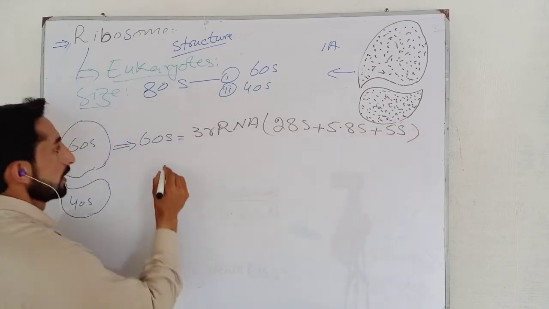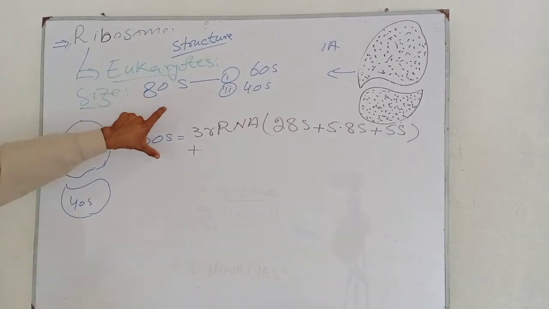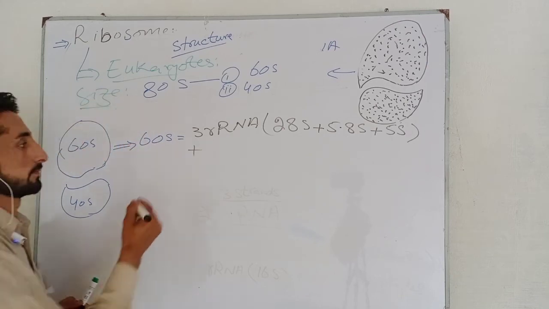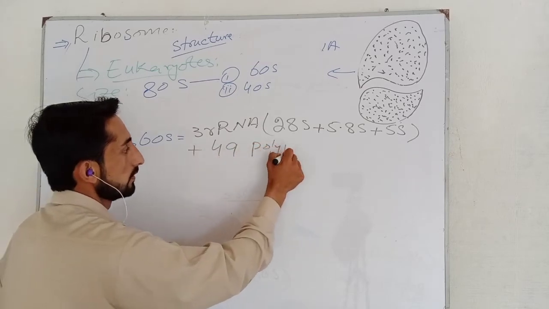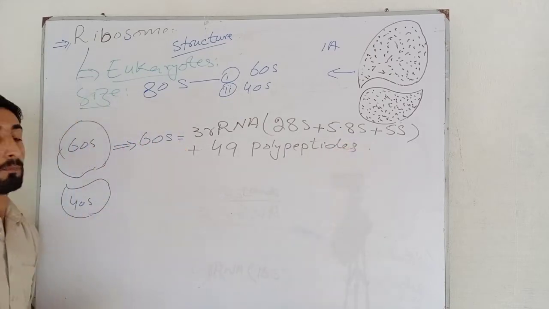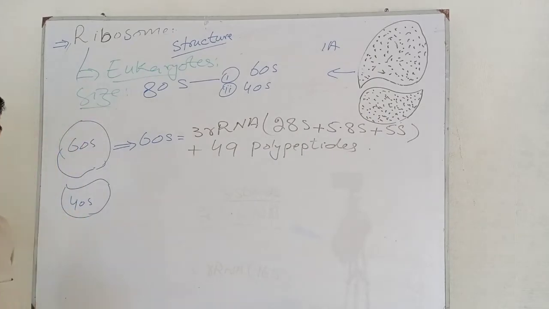The protein which combines with these ribosomal RNAs to form the 60S is 49 polypeptides. 49 polypeptide chains combined with these 3 ribosomal RNAs and form the 60S, the larger subunit of the eukaryotic ribosome.